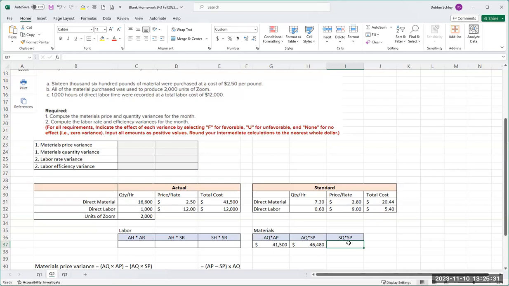quantity. Oh yeah. So to get my SQ, I have to take the actual pounds times the standard price per pound times, oh no, wait, I did it wrong. Nope, do that again.